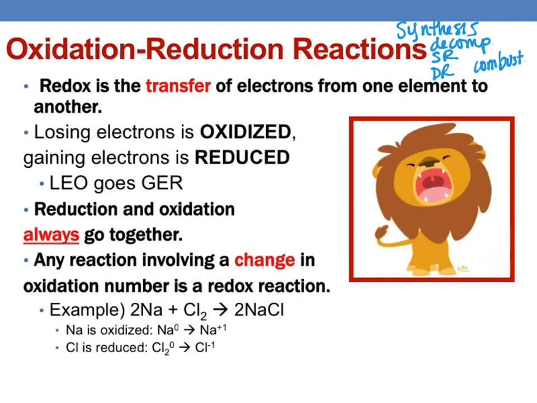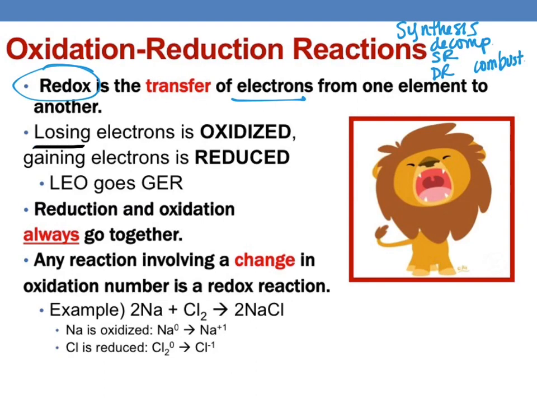These reactions can further be classified as oxidation reduction reactions. What is occurring in an oxidation reduction reaction, or what we like to call redox, is electrons are being transferred from one element to another.